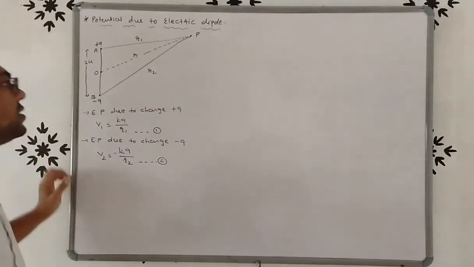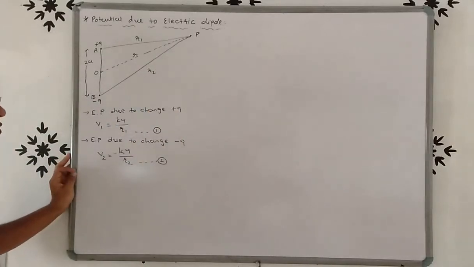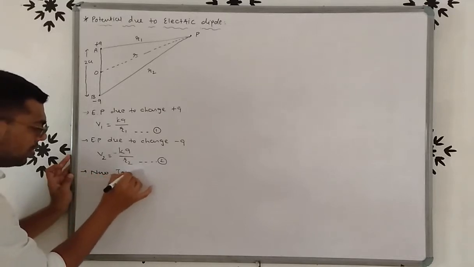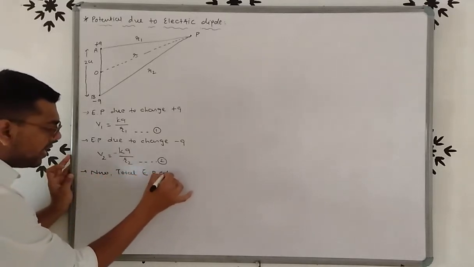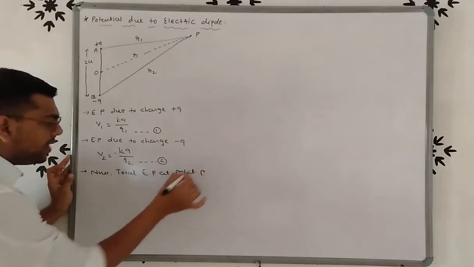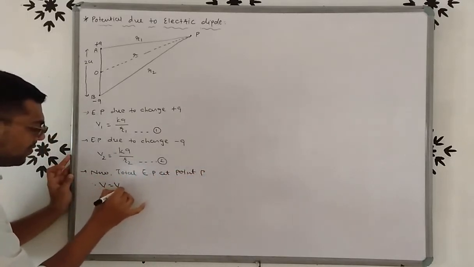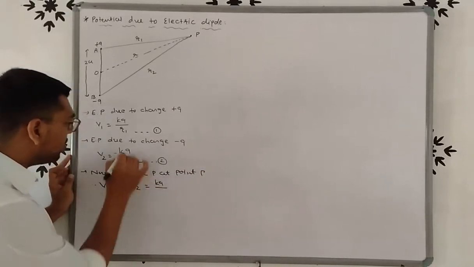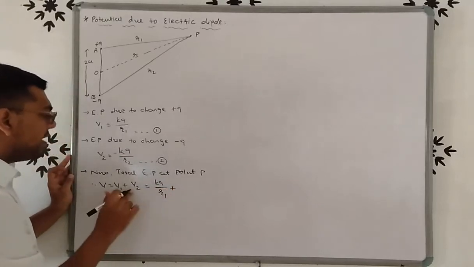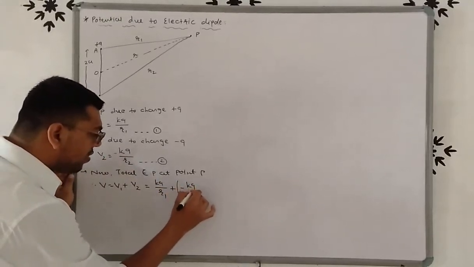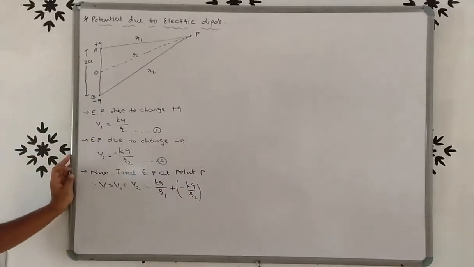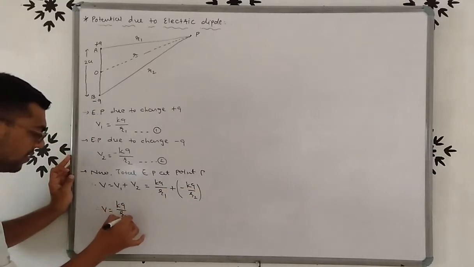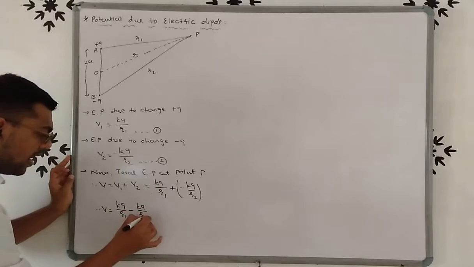Now to find the total potential at point P, we have to add V1 and V2. So the total electric potential at point P is V equal to V1 plus V2. We know the value of V1, kq upon R1, plus the value of V2, that is minus kq upon R2. So plus minus minus, V is equal to kq upon R1 minus kq upon R2.